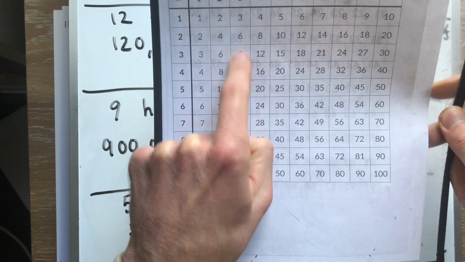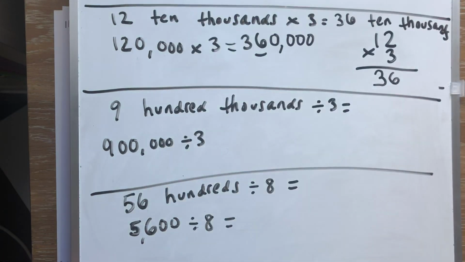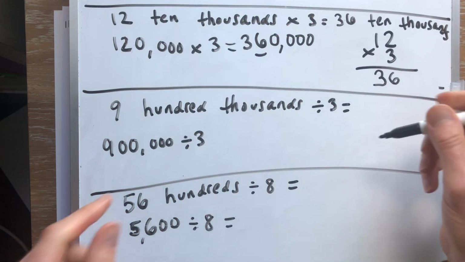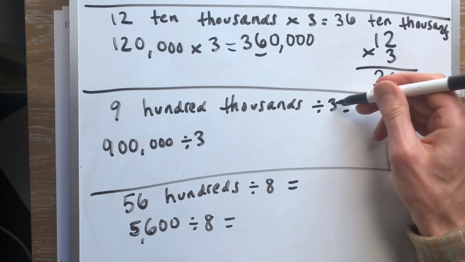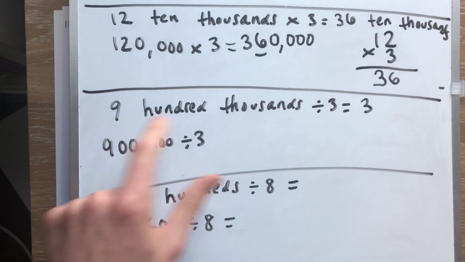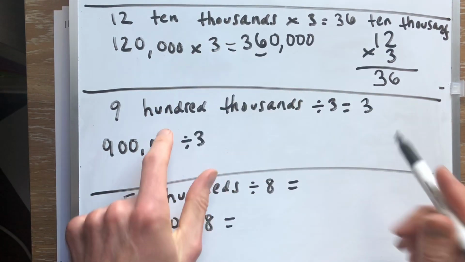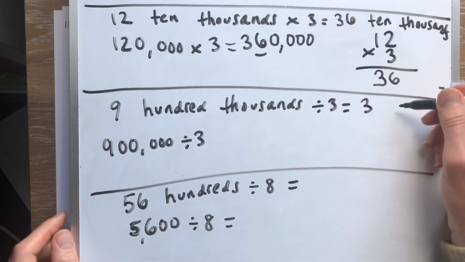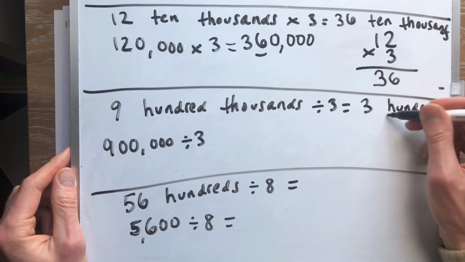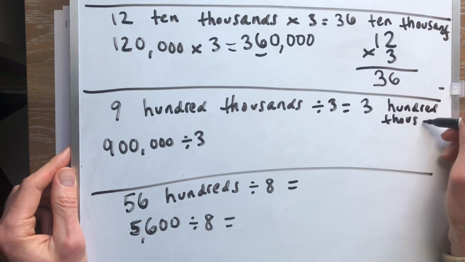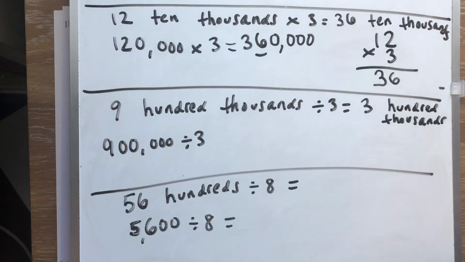That means 9 divided by 3 is 3. But 900,000 divided by 3 is 300,000. It's like if you have that big old $100,000 bill, and now you have 3 of them. Whoa, that'd be a valuable bill.